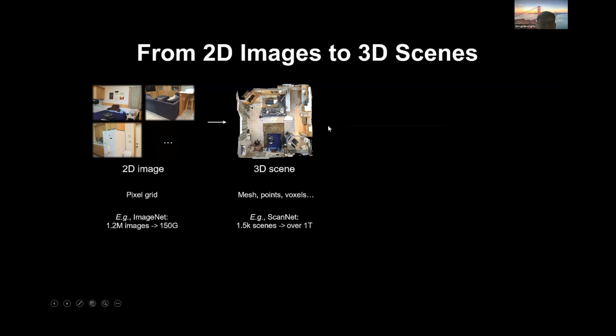Well, for a 3D scene, we typically represent it with meshes, point clouds, or voxels. Then we can compare the information density between images and 3D scenes. For example, ImageNet includes 1.2 million images, and those images take up about 150 G storage space.